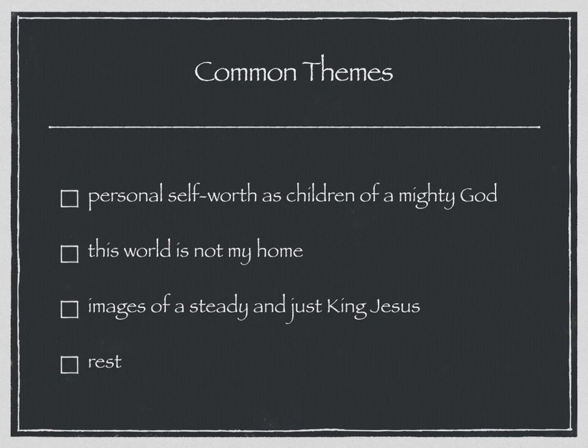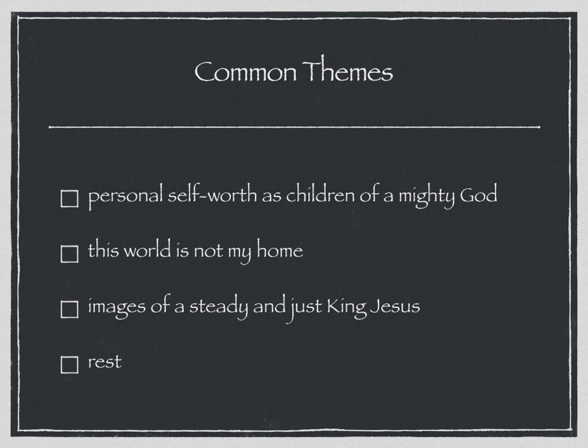And along those lines, they have the images of a steady and just King Jesus. So their slaveholders, their owners were, for the most part, not just and not steady. They weren't consistent. They weren't reliable. And they were not taking care of their slaves.